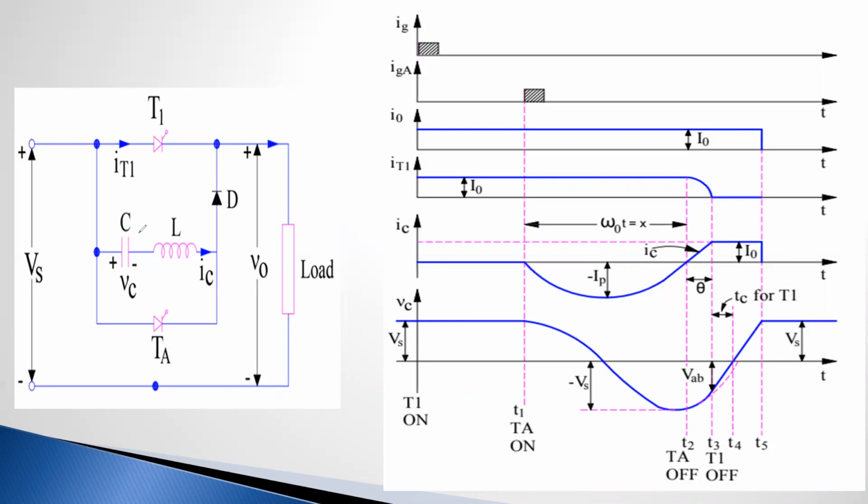Like you take a battery. Like this is the positive terminal, this is the negative terminal. For example, this is a 10 volts battery. It is fully charged. Clear?